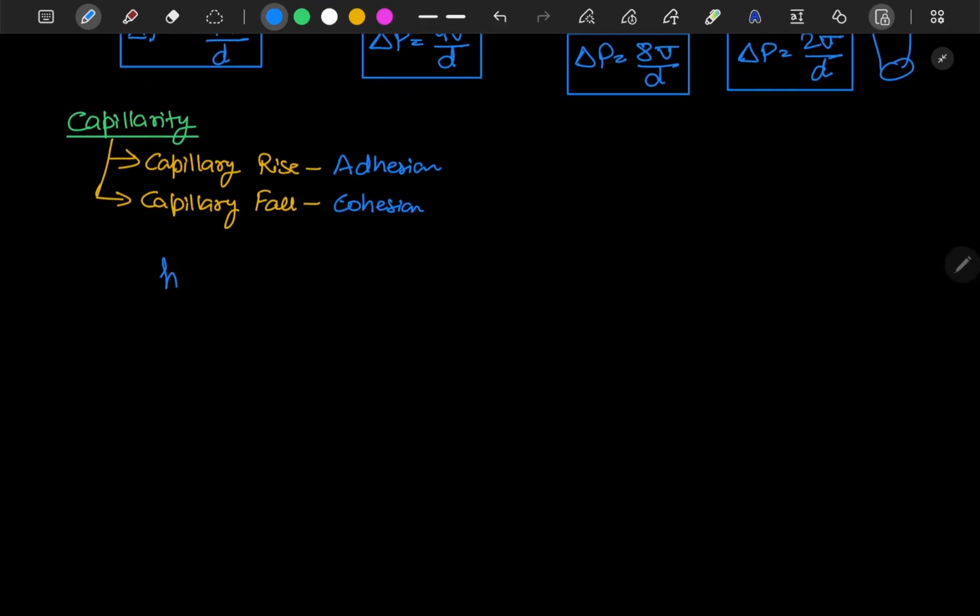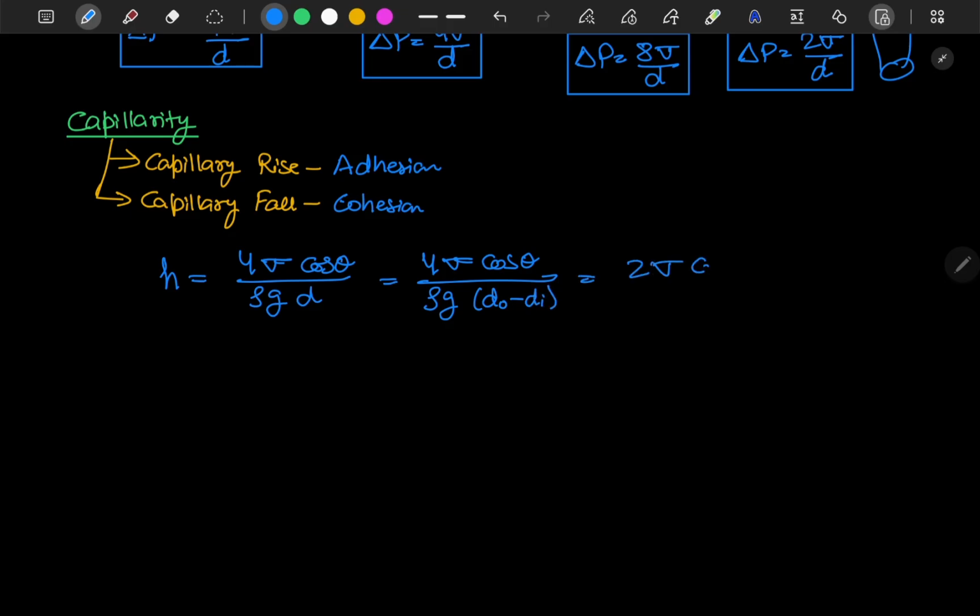So let me directly write the formulas here. That is 2 sigma, or 4 sigma cos theta upon rho g d. And we also obtain 4 sigma cos theta upon rho g times of d naught minus di. We also use 2 sigma cos theta upon rho g times of t.